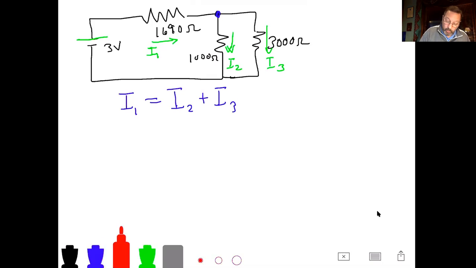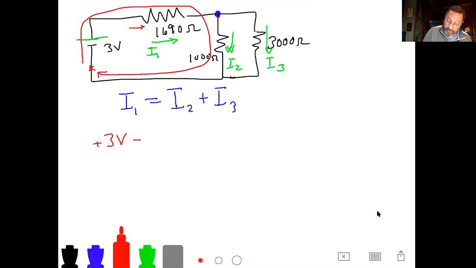I can take a loop and I'll start right here and I'll go all the way around that loop right there. Can you see it? Okay, and we said that the sum of the voltage rises and drops around that loop has to be equal to 0. And so I'm going to start right here, and I go across the battery in that direction, and so that's plus 3 volts. Then I go across this resistor right here, going that way.